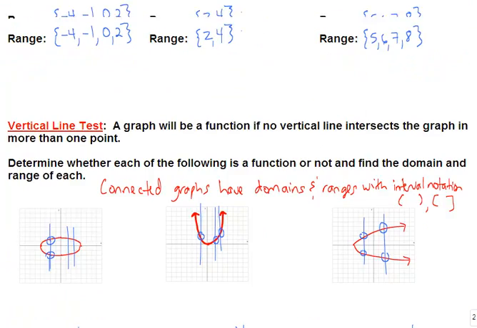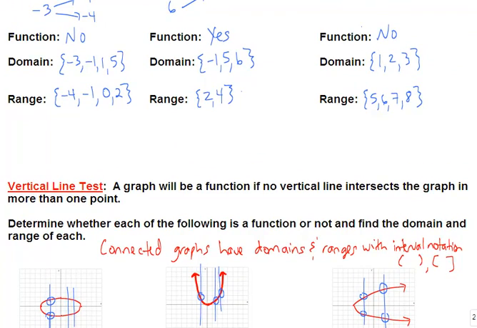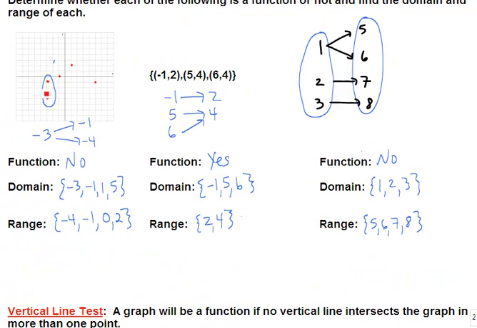When we did our previous examples up here, these were not connected graphs. If you look over here, we just had a bunch of dots. So when you have disconnected graphs, then your domains and ranges should be sets.